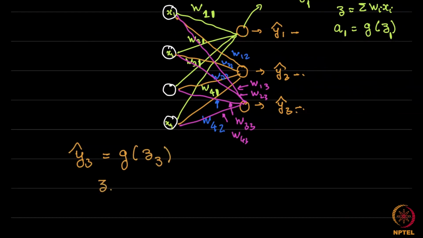Whereas Z3 itself, which comes here, is from a linear combination of these 4. So Z3 would be W13 X1 plus W23 X2 plus W33 X3 plus W43 X4. Okay. So that's it.